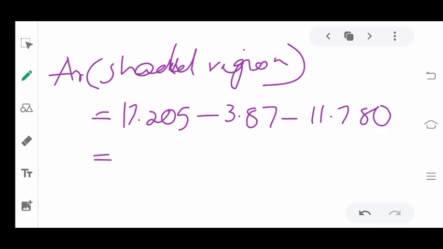So subtracting these areas, we get the answer as 1.56 centimeter square, which is the area of the shaded region.